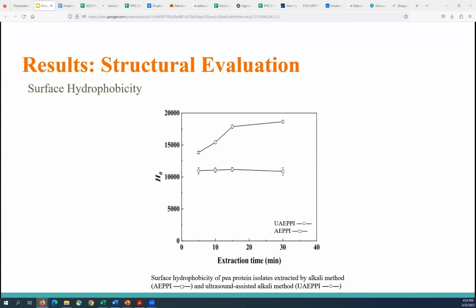So we can see that ultrasound significantly improved surface hydrophobicity. That is because the ultrasound treatment changed the protein structure, so more hydrophobic groups were exposed. That's why we got higher surface hydrophobicity data. However, we couldn't observe significant changes in surface hydrophobicity of the PPI extracted by the traditional alkaline extraction.